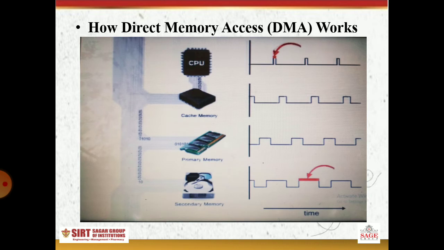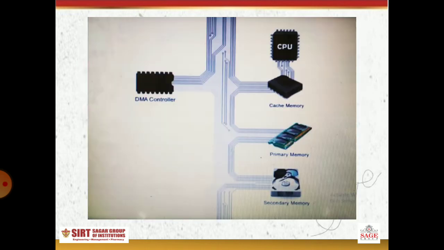This gap in the speed leads to wastage of CPU time or cycles while interacting with a memory device like a hard disk, especially for data transfer. Can we have some strategy to overcome this problem? Certainly, yes.